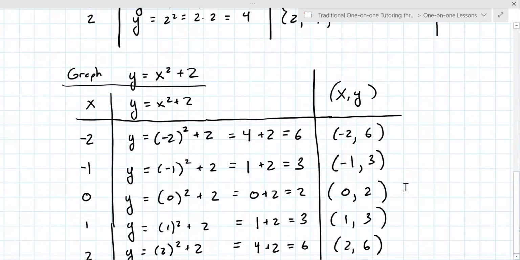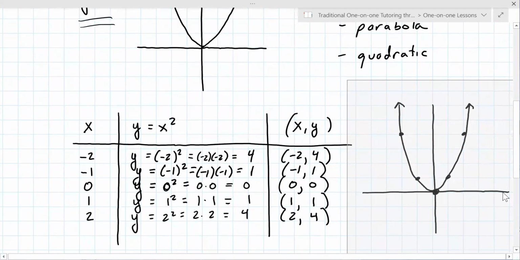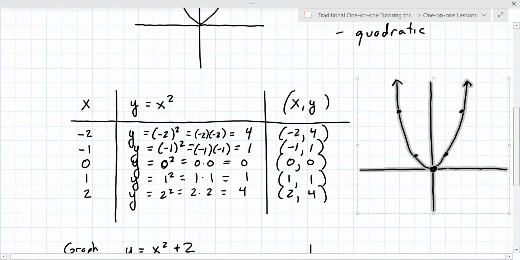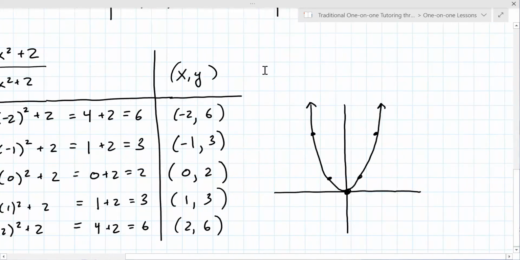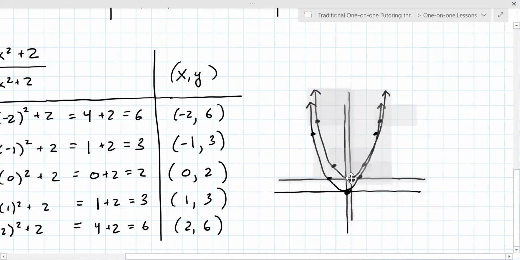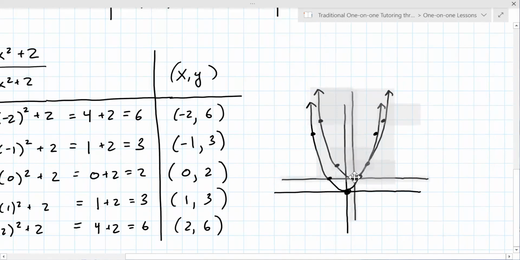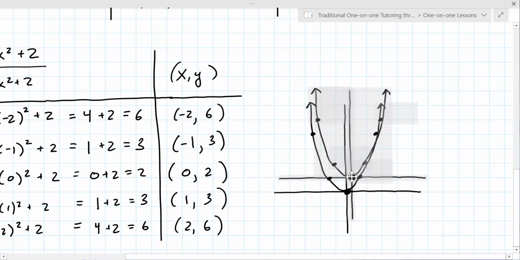Okay, so now what I'm going to do is grab this graph that we did in the previous problem. I'm going to come down here and we're going to graph these other points. Sorry, I'm just trying to get this thing lined up.